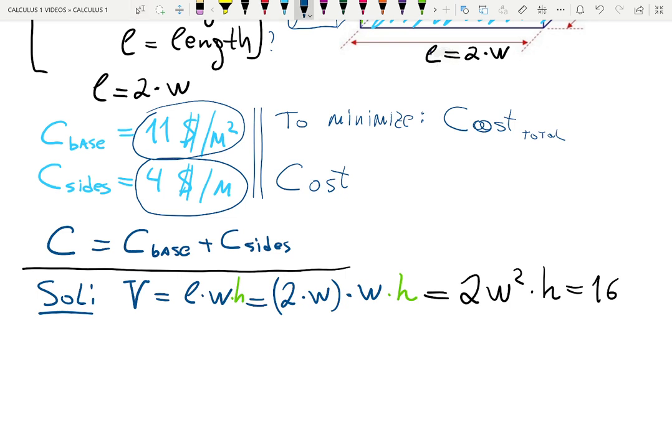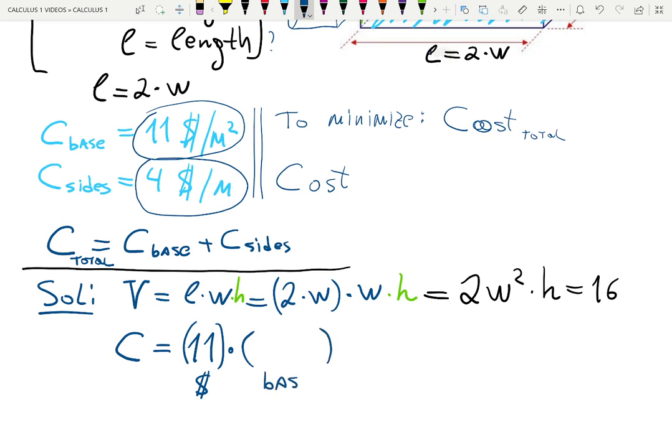Now, let's write down the objective function. The objective function will be the cost function. The cost function is 11, let's start with the base, $11 per meter squared. Those are dollars, right? Meter squared is going to come from the dimensions of the box. So, let me do total. This total cost will have measurements of the base and sides.